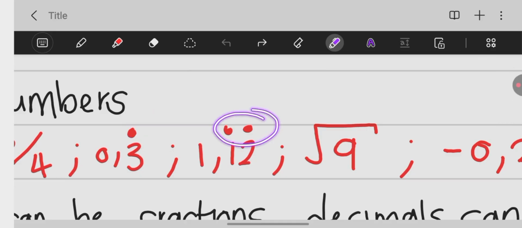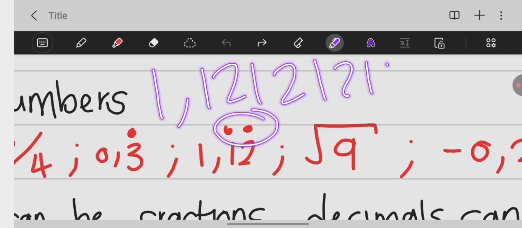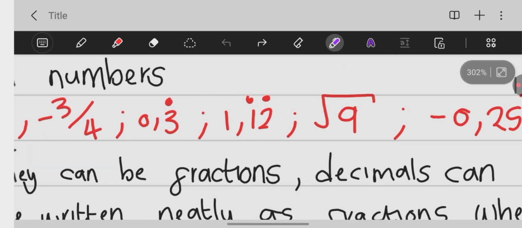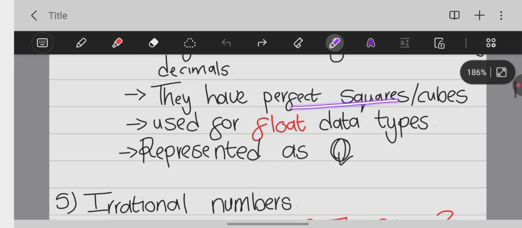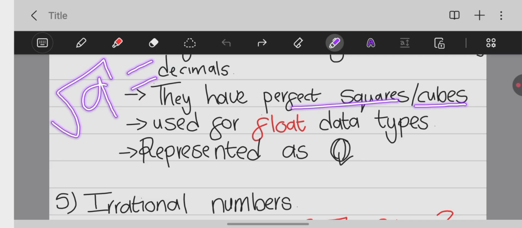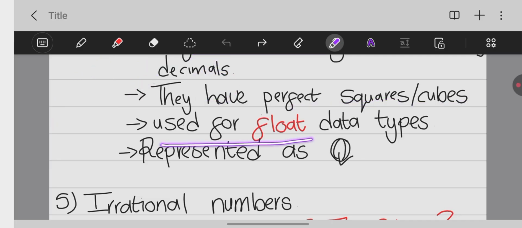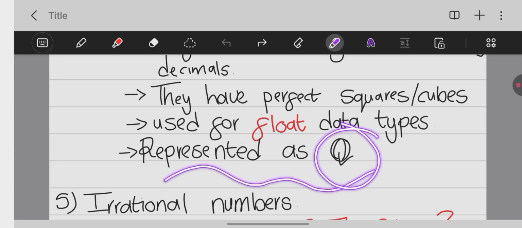If it's like this, then it means you have 1.12121212 up to infinity. They have perfect squares or cubes. For example, square root of 9, that is equal to 3, I believe. And they are used for your float data types if you think of your C++ and are represented using this Q symbol.